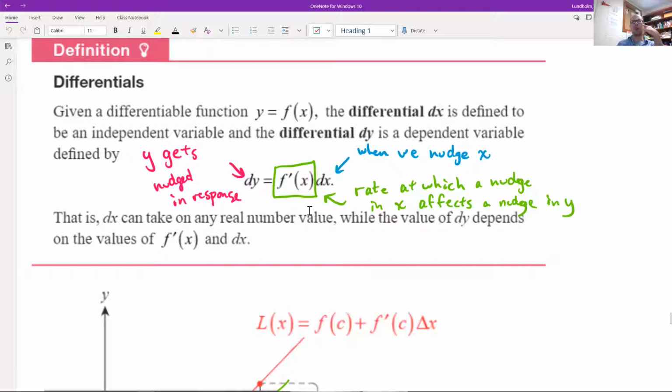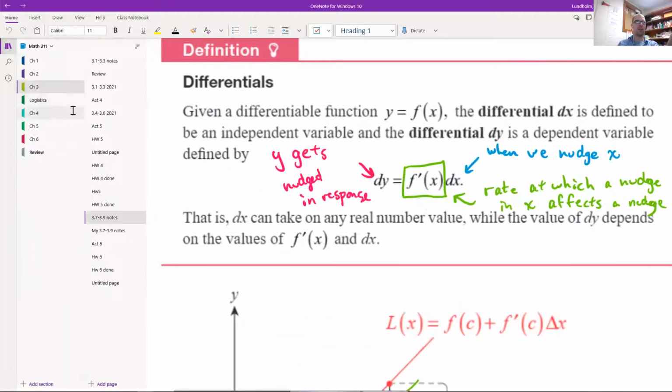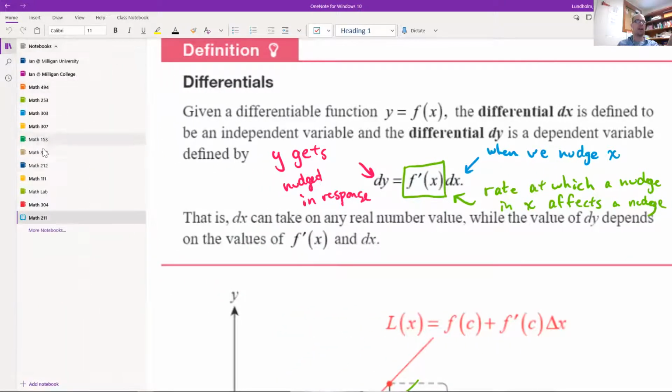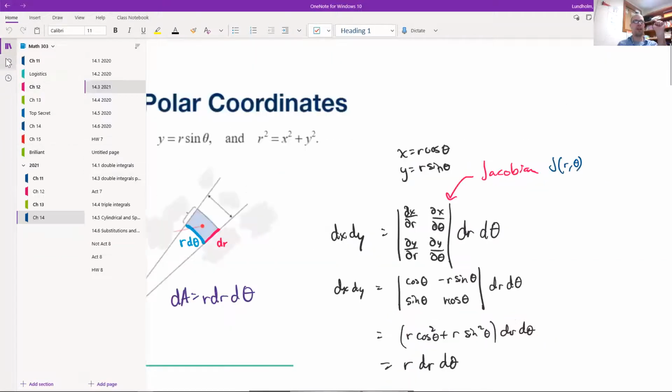And so what we're looking at here with the Jacobian is a lot like this, except it's a multivariable context where, in this case, dr d theta is playing the role of this differential, and dy dx playing the role of this differential. But yeah, we'll get a little bit more in depth on that soon.